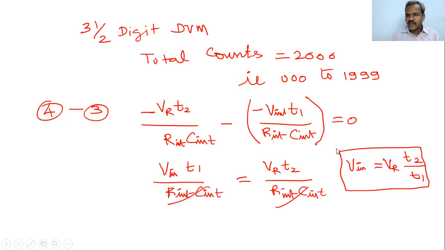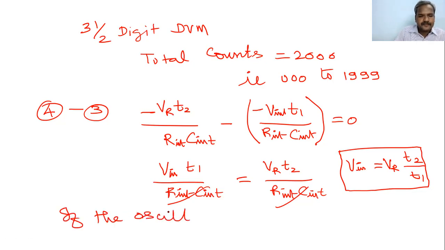Okay. So if the oscillator period equals a constant T, the digital counter indicates N1 and N2 counts respectively.